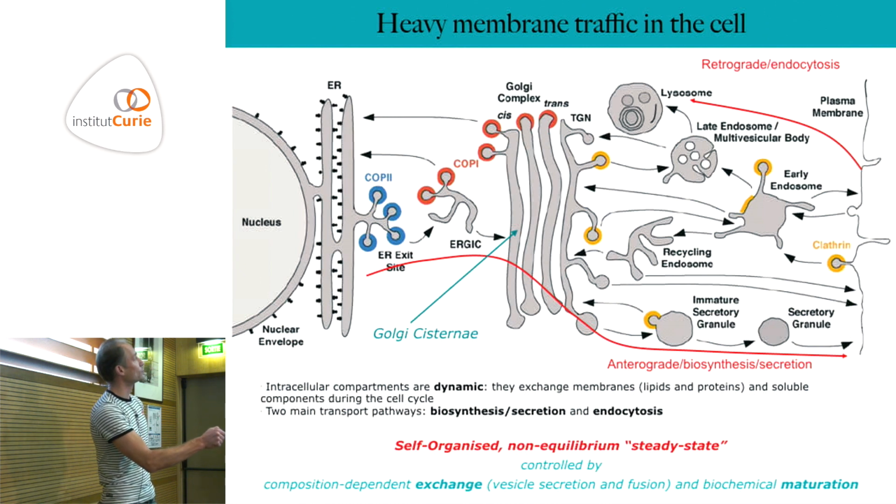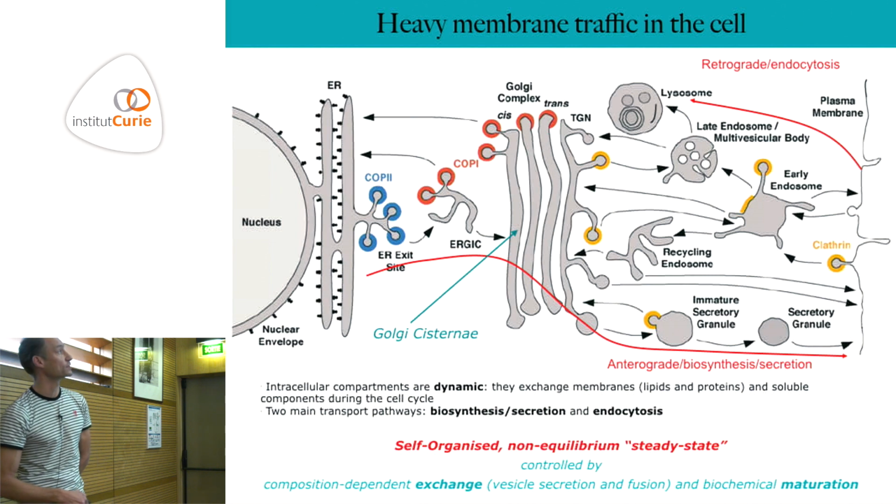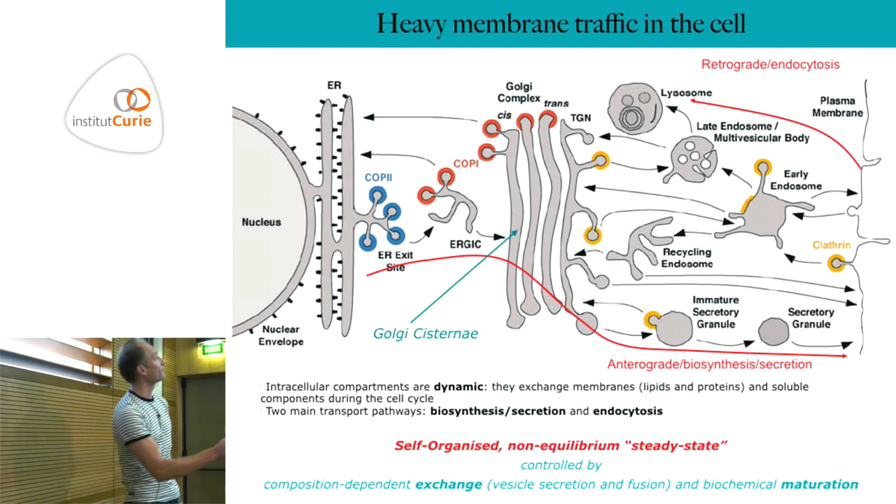Here you've got the two routes, the secretory pathway and the endocytic pathway. What this sketch shows, first, is a bunch of arrows, which tells you that everything basically exchanges with everything else, pretty much. What you also see is these little colored spherical things here, which are different protein coats.